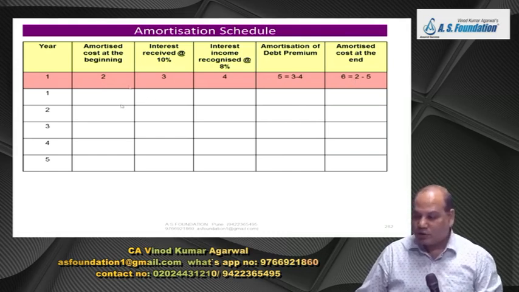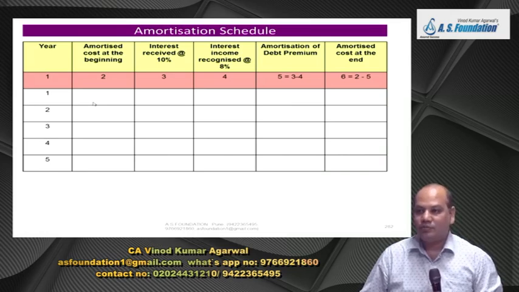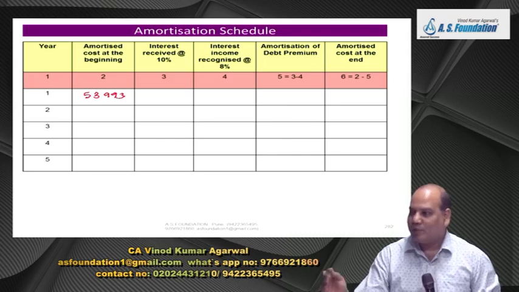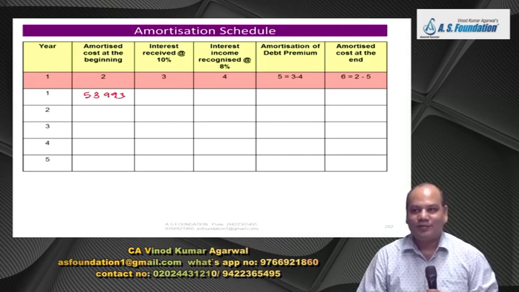Okay, so from where we will start this number? What will be the first number here? 50,000 or 53,993? Yes, your starting point will be 53,993. And what will be the closing balance after 5 years without solving?